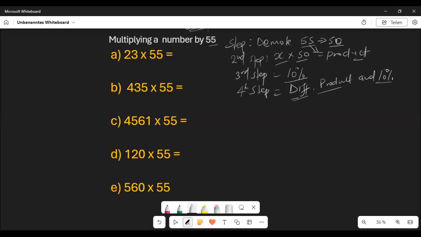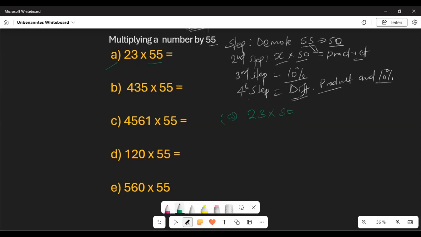So theory aside, now let's do some practice. We have A here: 23 multiplied by, in this case, we're not going to use 55, but quickly use 50. If you remember from the previous video, any number multiplied by 50, you just multiply that number by 100 and divide by 2.